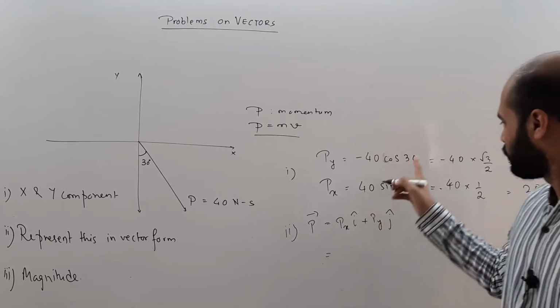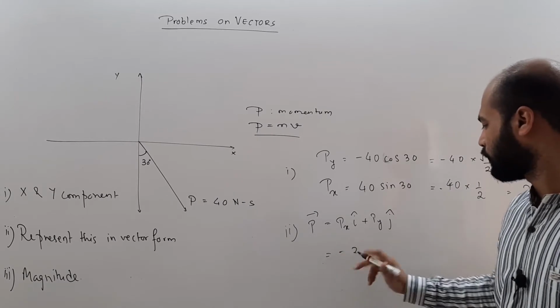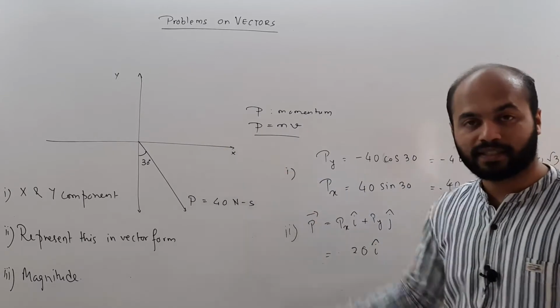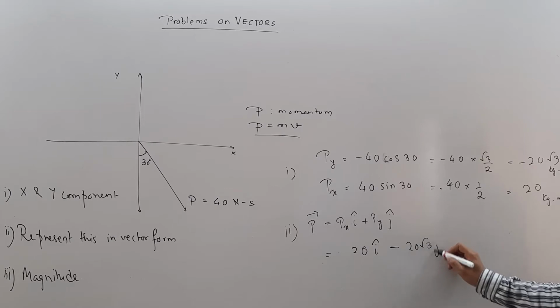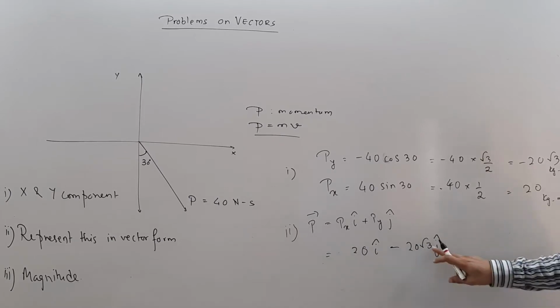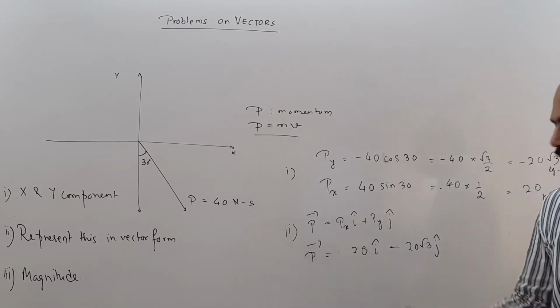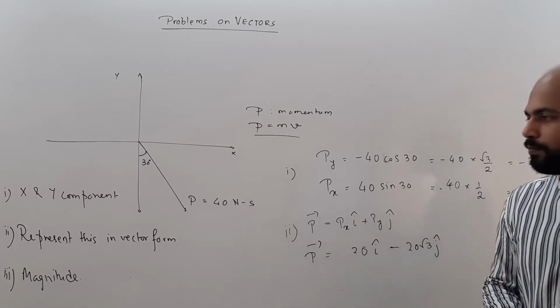So px as found here would be 20 i cap, because it is along positive x axis, and this is along negative y axis. So this is the momentum vector, and this is the representation in its vector form.